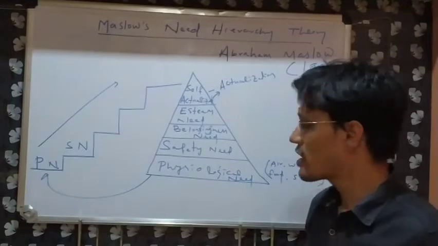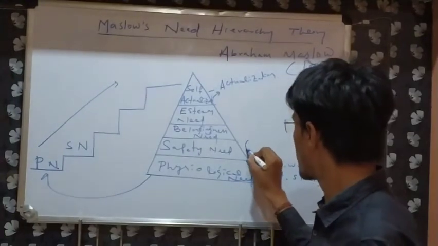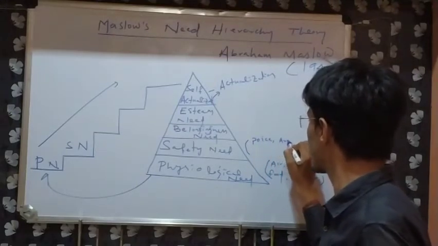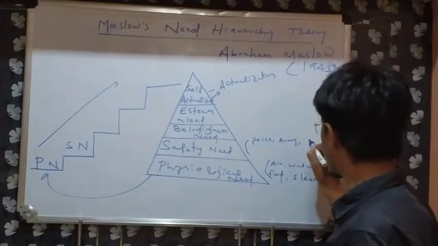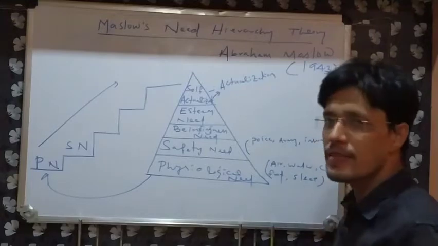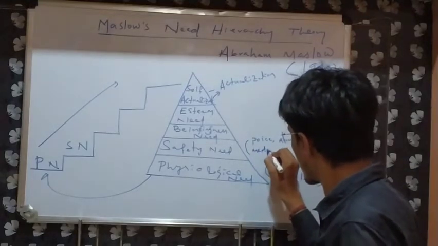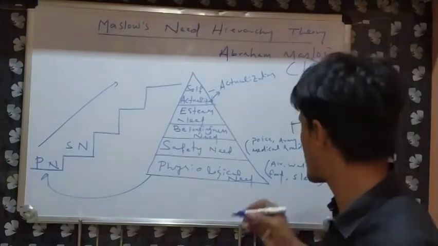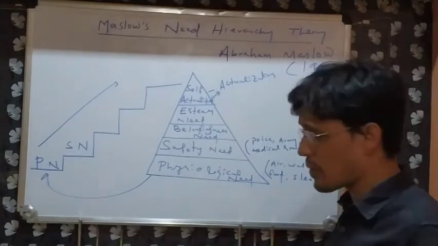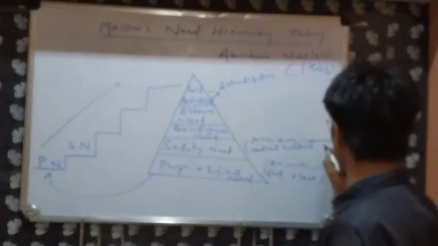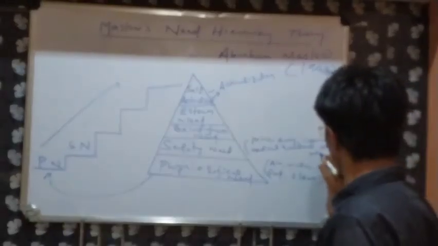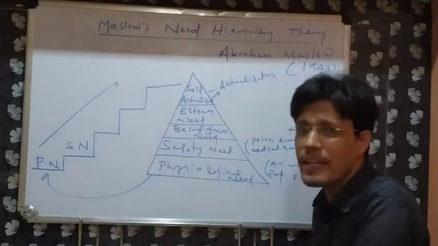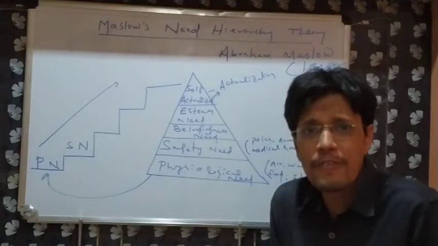For that reason, the person looks to different things: police, army, insurance, medical and medicines, education, etc. These are some of the requirements which make one's life safe and comfortable.